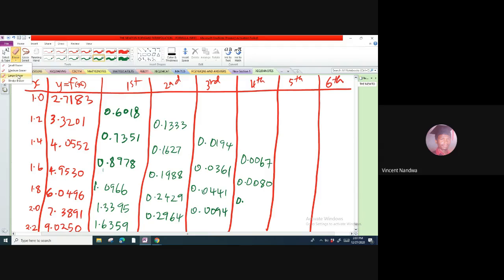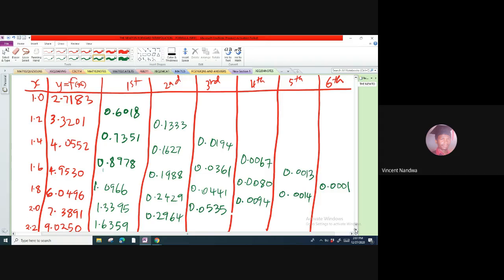So this is 0. So this is the difference table.